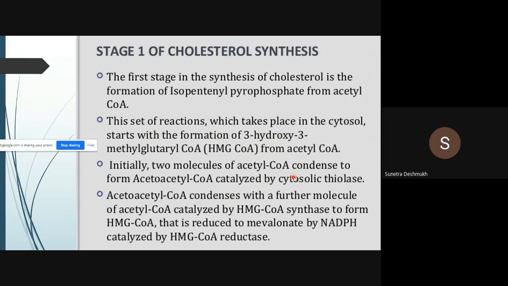In this way we have our first step, mevalonate synthesis.